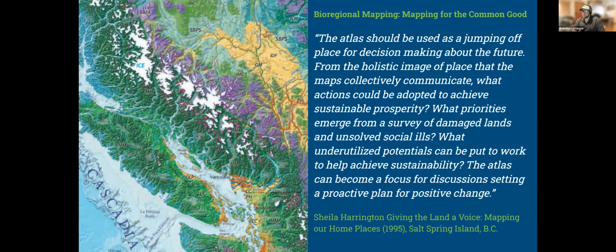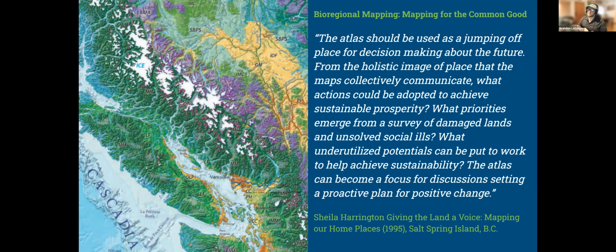I would just like to also then touch on this beautiful quote from the opening of Giving the Land a Voice, Mapping Our Home Places in 1995 by Sheila Harrington and Brian E. Penn, who I think are still active on Salt Spring Island. It was that the Atlas should be used as a jumping off place for decision-making about the future.